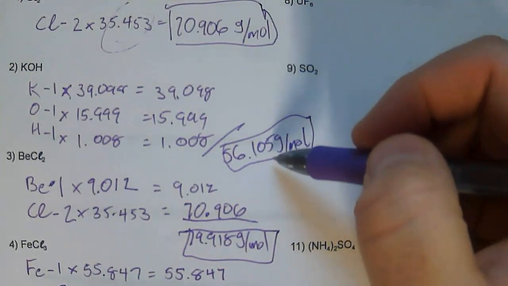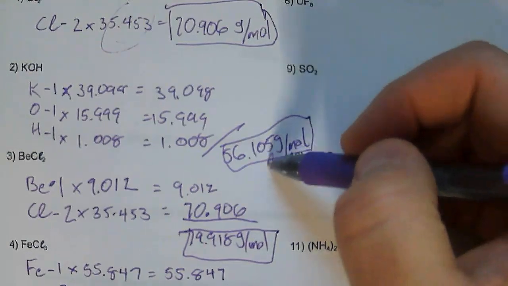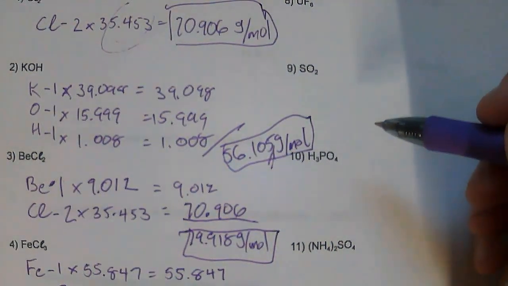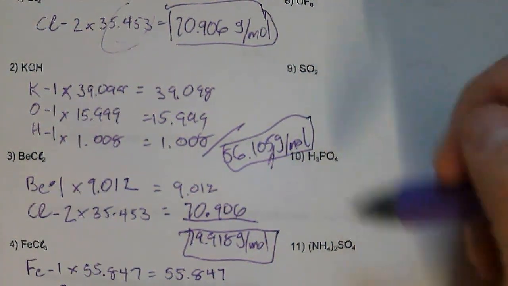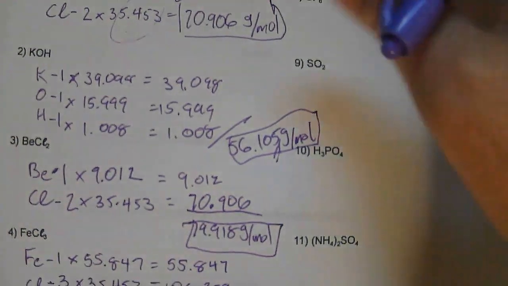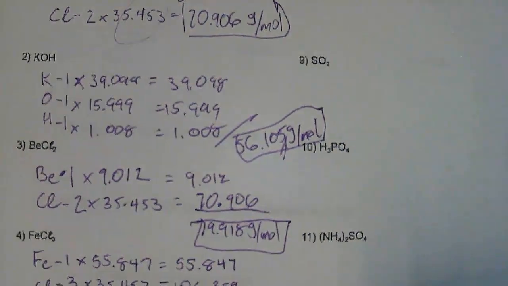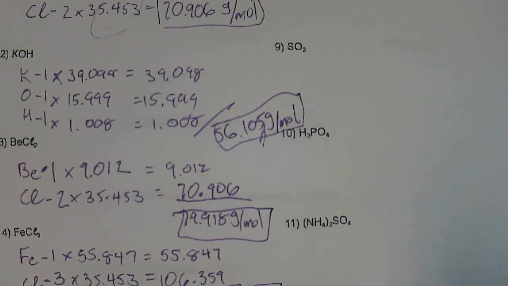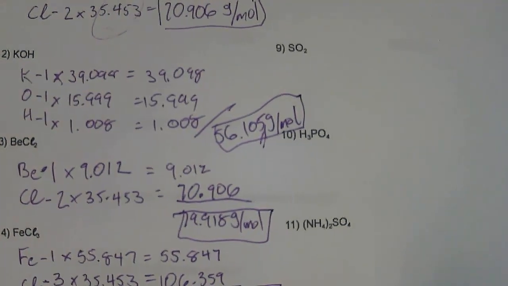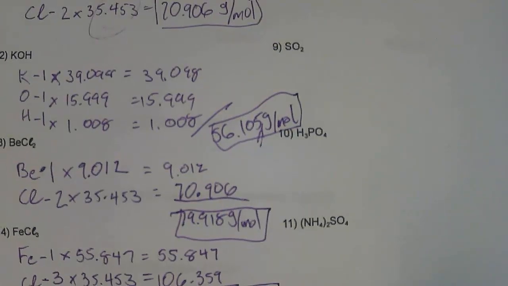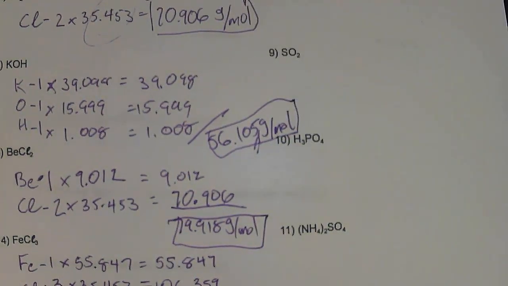It'll be off in the hundredths, in the decimal area. That happens all the time. Most chemistry teachers, most chemists that I know take that into account when they're grading. Because I just think it's impossible to use the exact same periodic table. You may have different periodic tables at different places, so your molar masses can be slightly different.